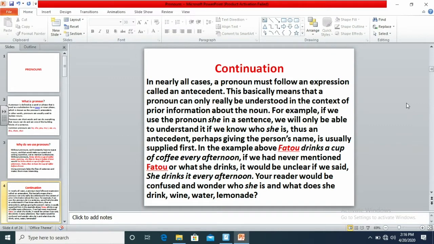Does she drink wine, water, or lemonade? But because we had said that Fatu drinks coffee every evening and she drinks it before dinner. So when we bring she and it, they are there to replace what? Fatu and coffee. I hope that is understood. Shall we proceed?